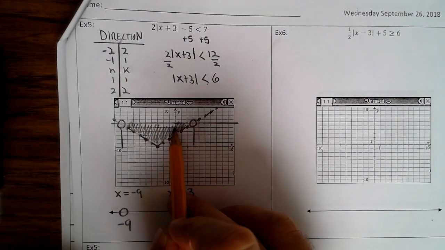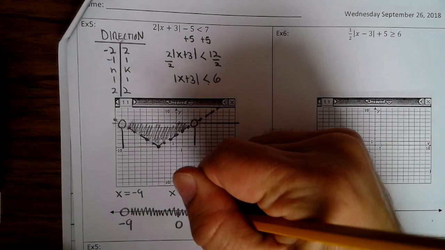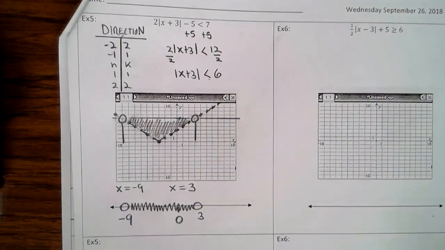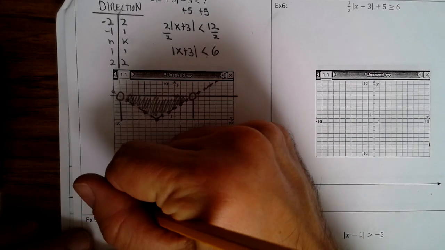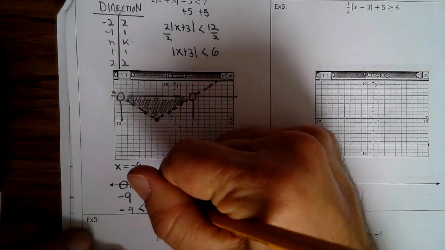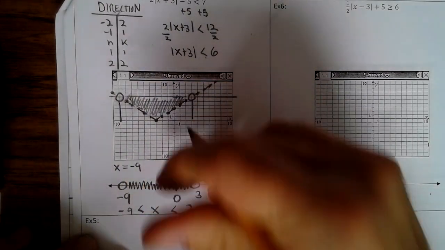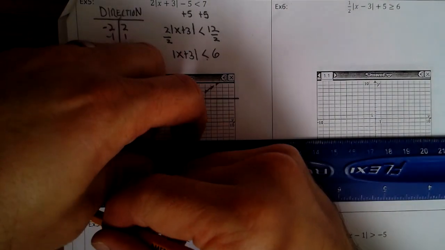And since it's shaded between, we shade between here. And then our solution is -9 < x < 3. So scrunched there, but it's there.